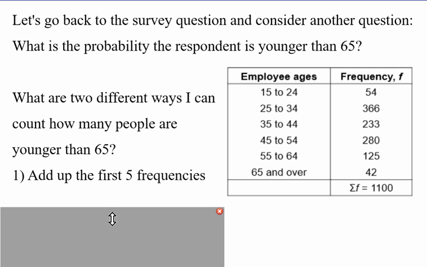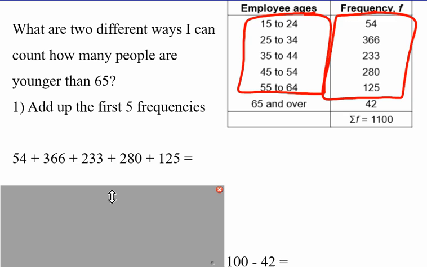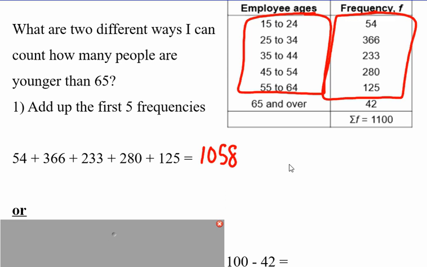And the first option is just going to be add up the first 5 frequencies. All of these people are younger than 65, so I could just simply add all those values up. 54 plus 366 plus 233 plus 280 plus 125 leaves me with 1,058, which means I'm going to get 1,058 divided by the 1,100 people, and that leaves me at about a 0.962.